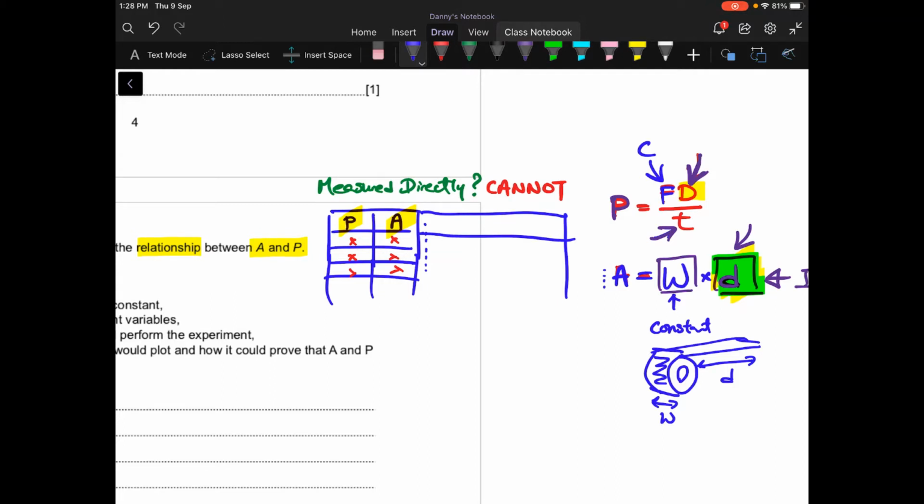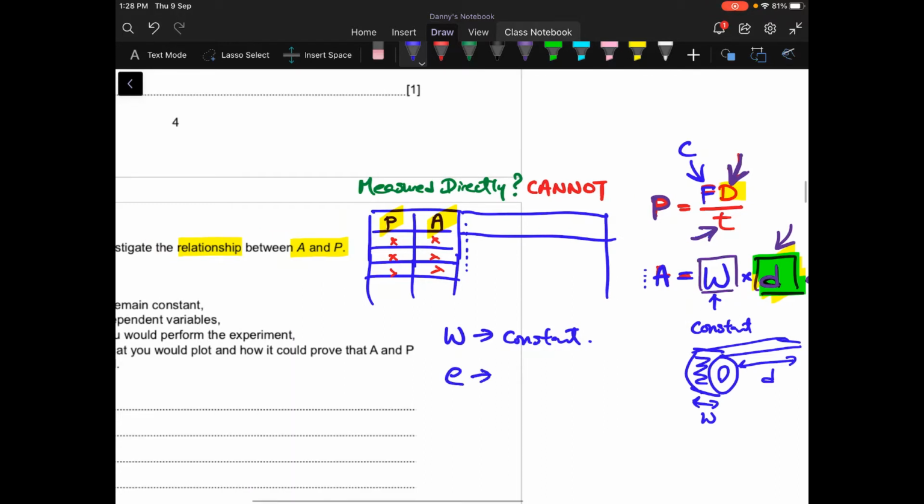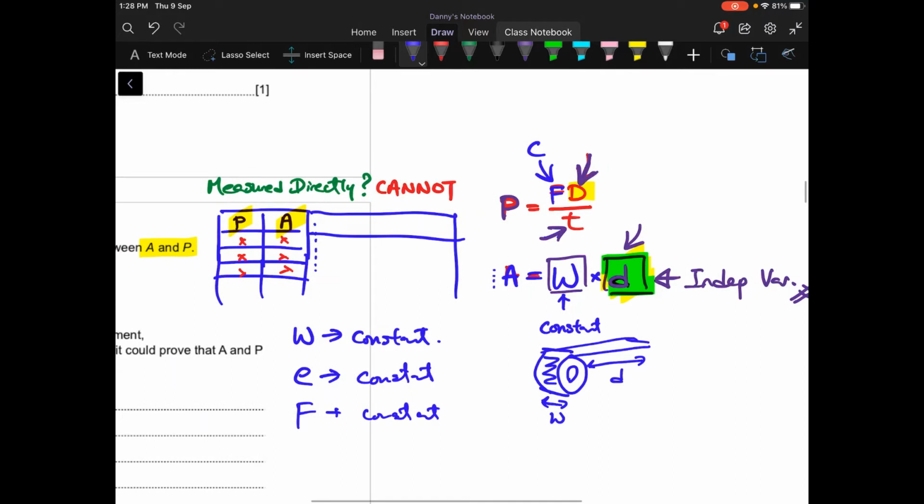So now what I need, okay, W I'm going to keep constant, right? I'm going to summarize it. W I'm going to keep constant, right? The amount of extension that I get from the spring, I'm also going to get it as constant. The force is also going to be constant, right? Okay, so now I write down what are the data that I need. The distance, that means the D that I'm peeling out, is going to be a variable. So I need to include it in a table, right? With this D, I'm going to pull it, right?